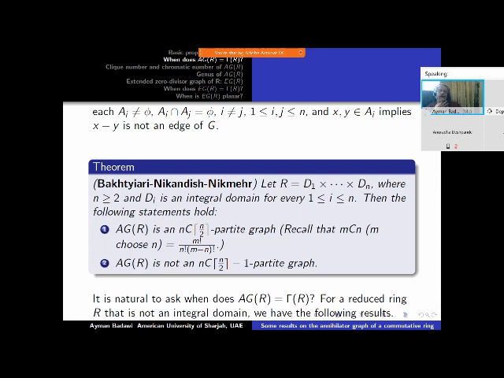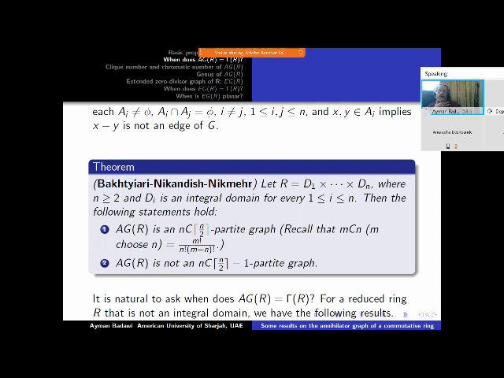So for example, I can take R to be Z times Z times Z, 3 times. So I let n be 3. I multiply Z 3 times. Then the annihilator graph will be 3 choose what?